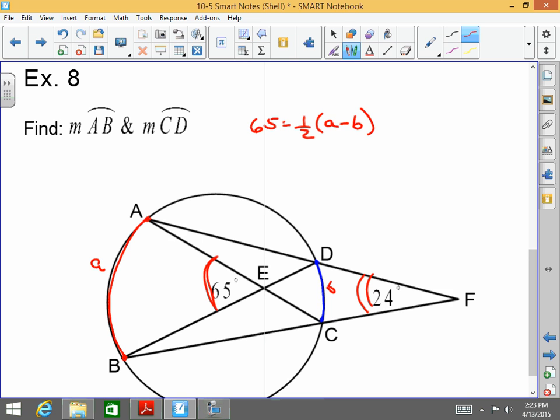Wrong. Plus, because it's a chord. And then doesn't 24 equal 1/2 of A minus B? Does anyone see that? Got it? Like I said, you have to know how to recognize which formulas to use.